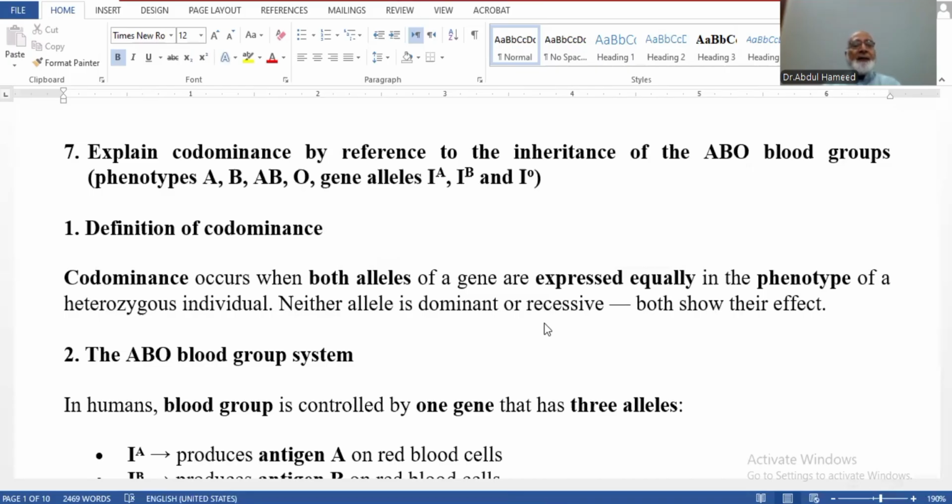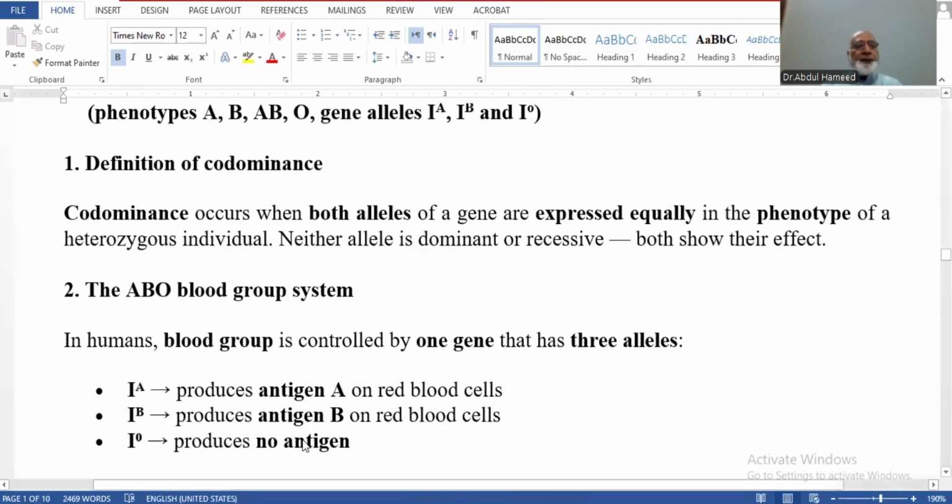It is a different concept compared to incomplete dominance, which is not part of your O level syllabus, in which there is blending of two extremes. For example, red and white color, the intermediate will be pink. But in the case of codominance, there is no intermediate. The hybrid has an entirely new phenotype.